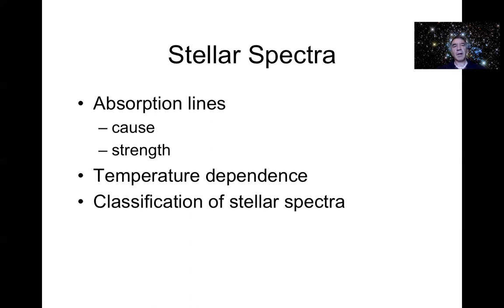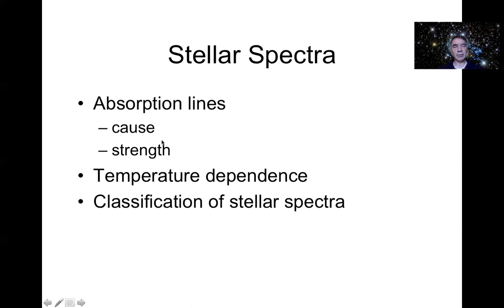But there's a huge amount more information encoded in the spectra of stars than just the general shape of the continuum, and that comes in the form of absorption lines. So that's what we're going to look at in this lecture: stellar absorption lines. What are they, and what can they tell us?